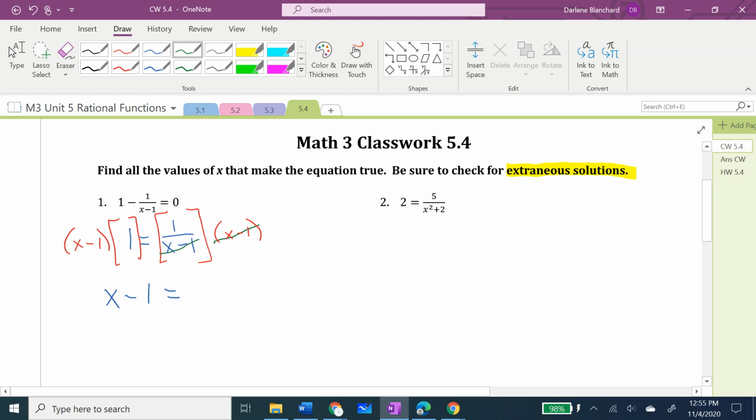And if you need me to, I can write more steps in. If I wrote in another step before canceling, I would look at x minus 1 as really just a fraction. And when I multiply fractions, I multiply the numerators and I multiply the denominators. And then you should be able to see that those two are going to cancel each other out.